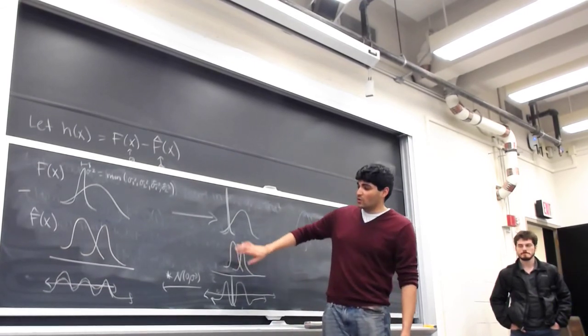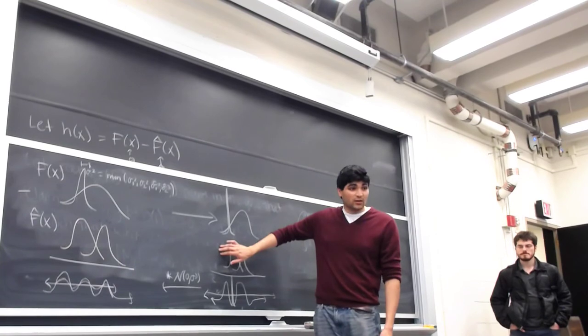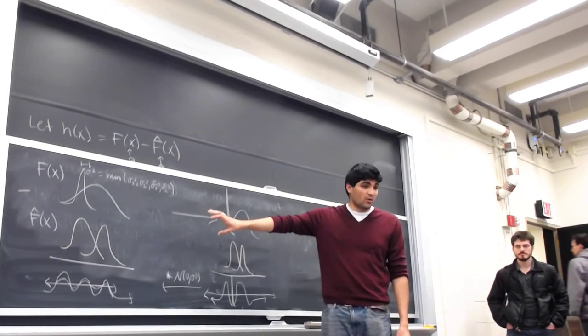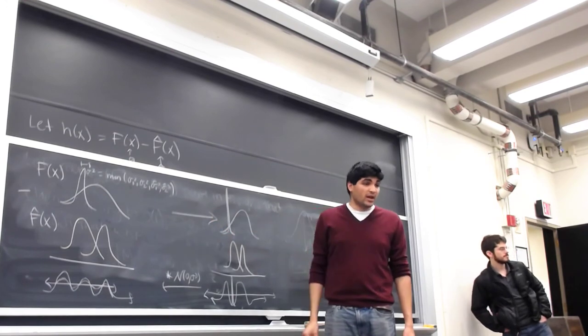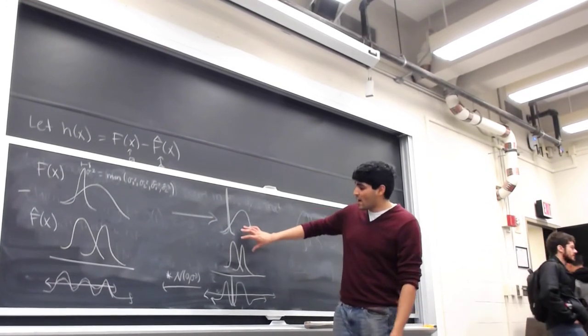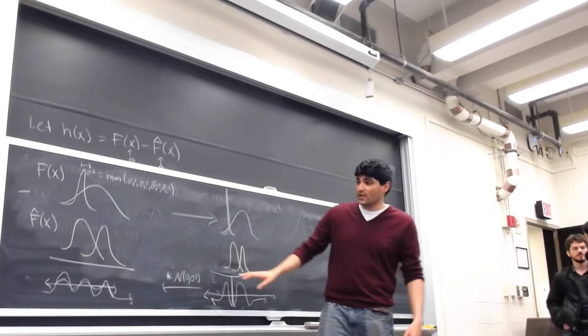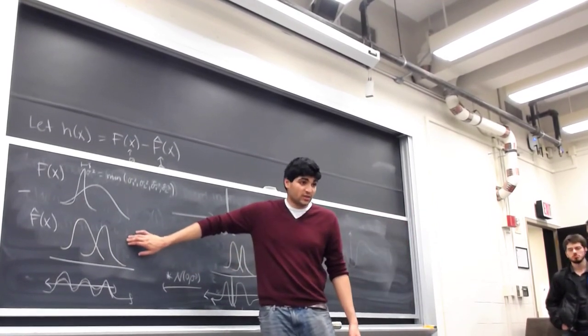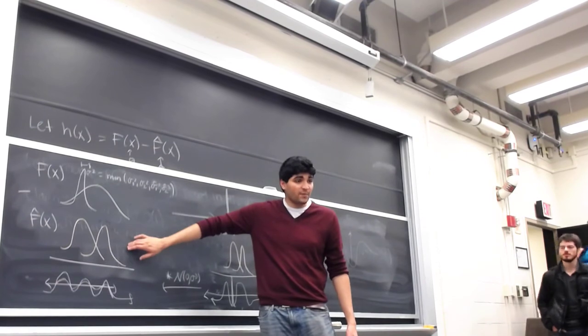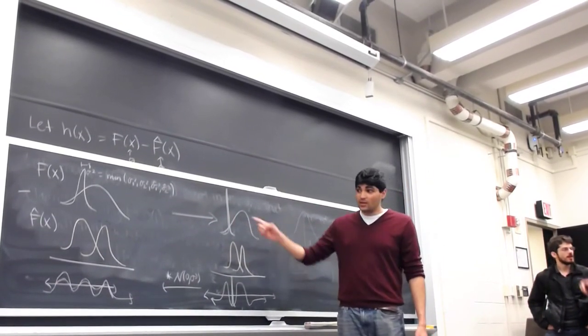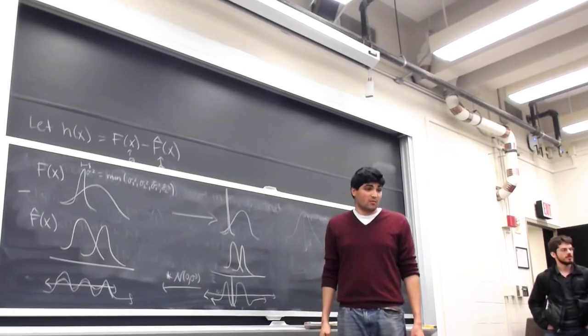The big issue is that the total variation distance lower bound here does not translate to a total variation distance lower bound over there in a very nice way. Having a lower bound on the total variation distance between this guy and this guy does not translate to a total variation distance lower bound between this guy and this guy. But what is true is that a difference in their moments does translate to a difference in the moments.